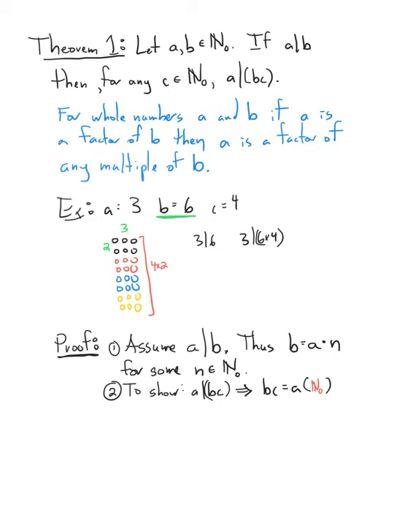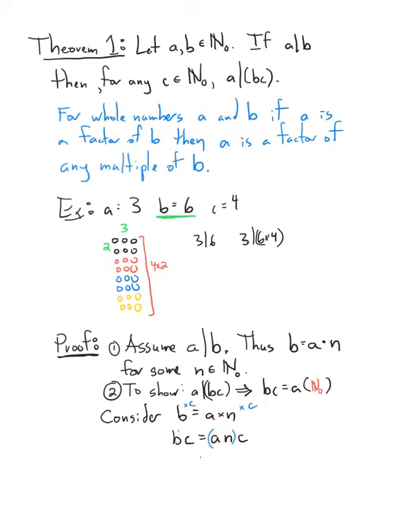So let's do that. So let's consider B equals A times N. Okay, I'm going to multiply on both sides by C. So I get B times C equals A times N times C. And this is how it looks now, since I just multiplied by C. But remember, multiplication is associative.